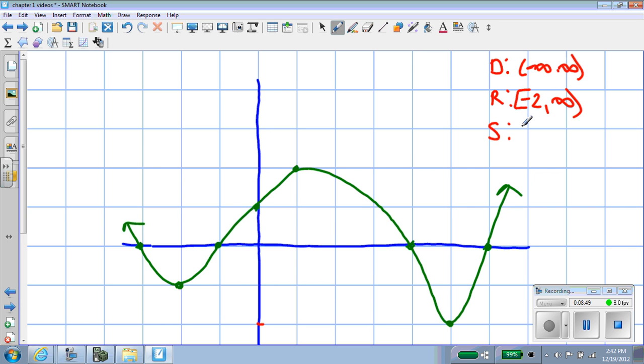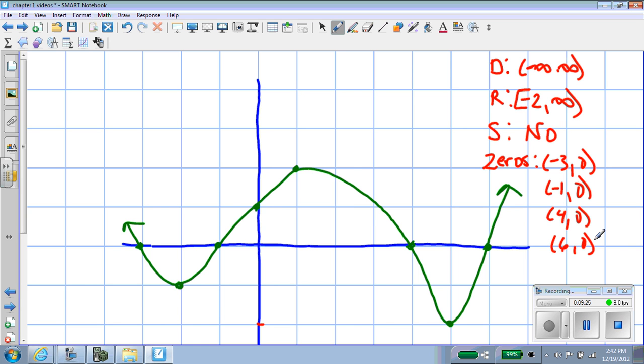Symmetry, not with respect to the y-axis. And if I turned it upside down, most of the action would now be on this side. So it would not look the same. So there is no symmetry. We want zeros. Okay, so we've got -3, 0, -1, 0, 4, 0, and 6, 0. We've got 4 zeros.